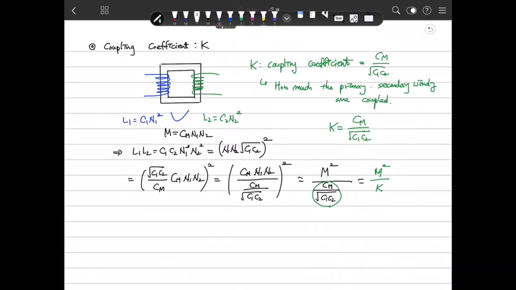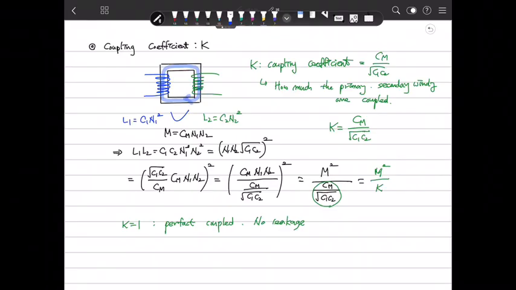So when K is 1, it's perfectly coupled. That means no leakage. Physically, K being 1 means all flux caused by the primary winding is coupled with the secondary winding perfectly.